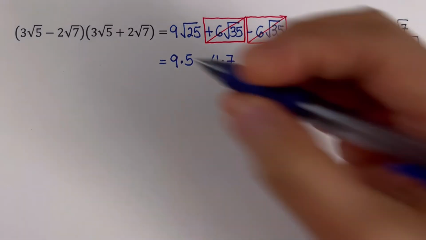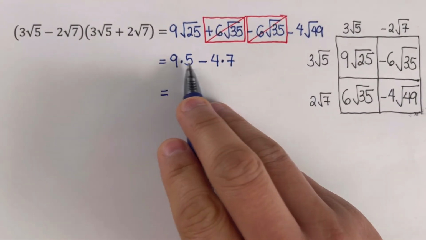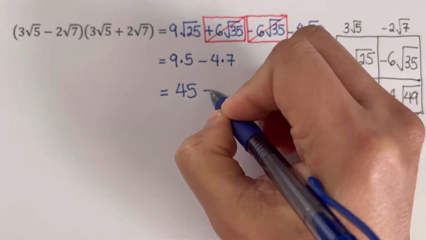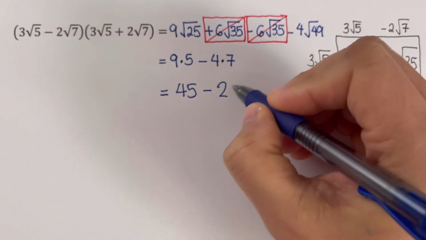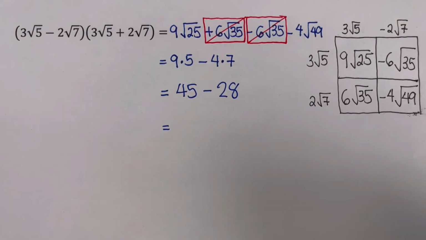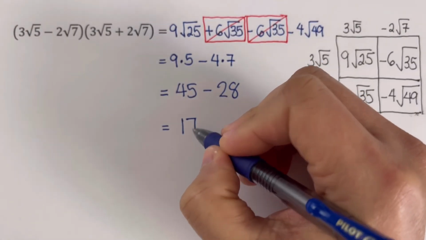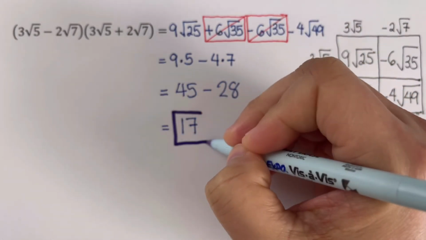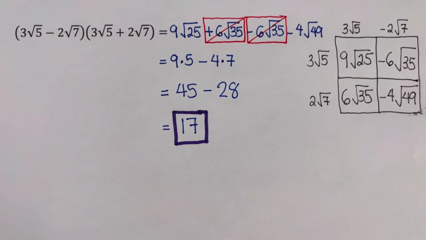And so we can go ahead and simplify this to be 9 times 5 is 45. And then minus 4 times 7 is 28. And so the final answer when we subtract 28 from 45 is 17. So this is the simplified version, or this is the product of these two radical expressions.